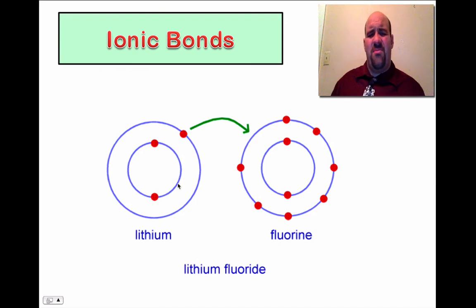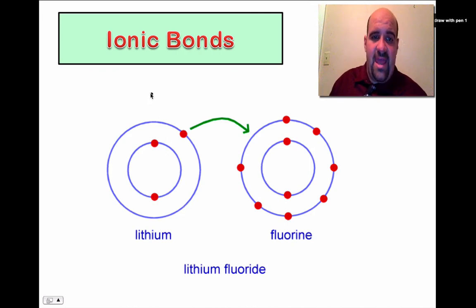And just to drive home the point, we're going to look at one other example. Lithium is a metal in column 1A. Fluorine is a halogen in column 7A. It has 7 valence electrons. Lithium has 1. What's going to happen? Lithium is going to donate its 1 valence electron. It's going to transfer it to fluorine. And then what's going to happen at this point?